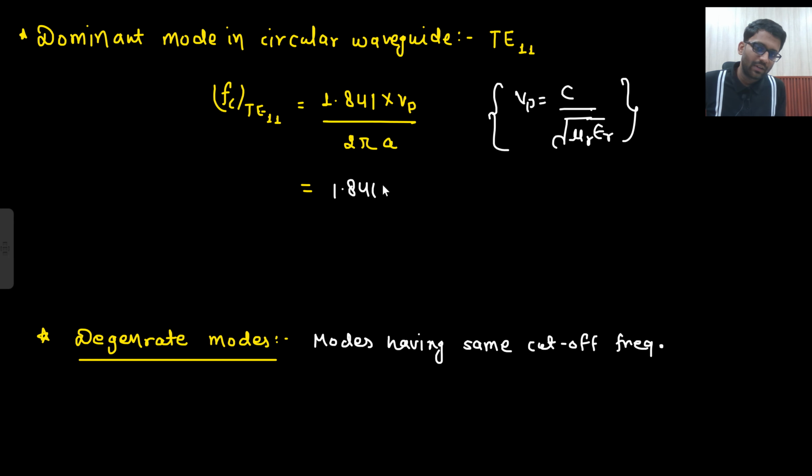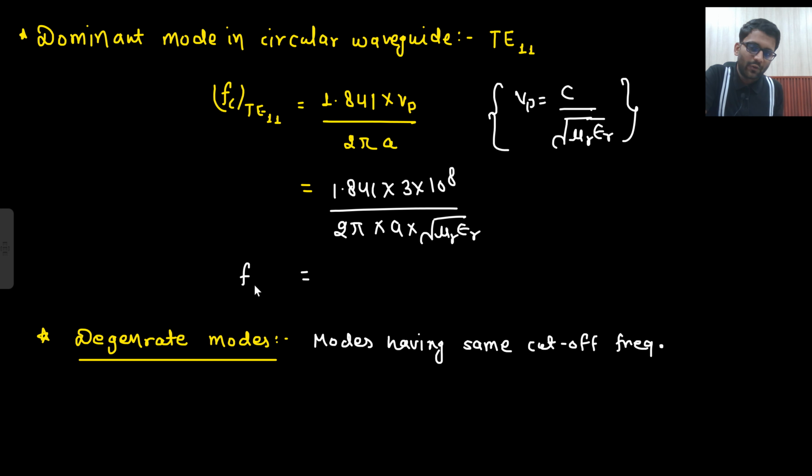So 1.841 into C, which is a constant, 3 into 10 to the power 8, divided by 2 pi a under root mu r epsilon r. If you solve it, what do you get for the cutoff frequency of the dominant mode?